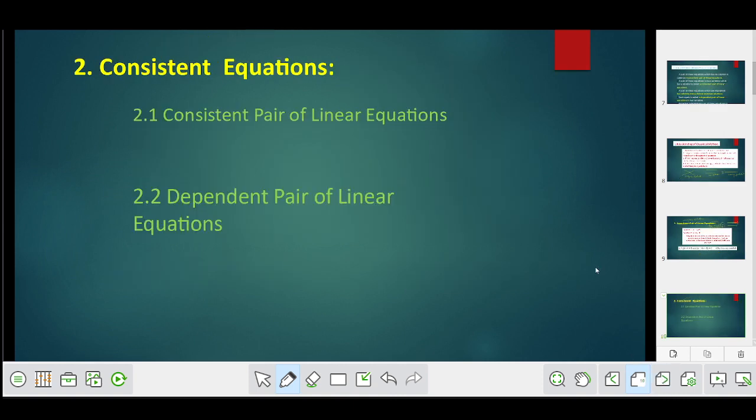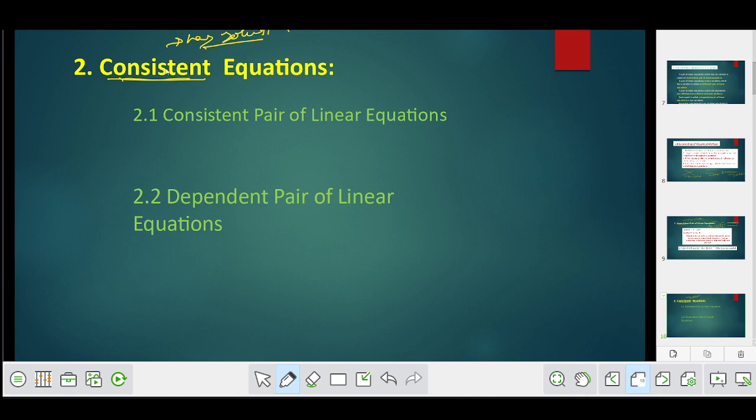In the next slide, these are the consistent equations. Consistent equations have a solution. Consistent is defined as having a solution.